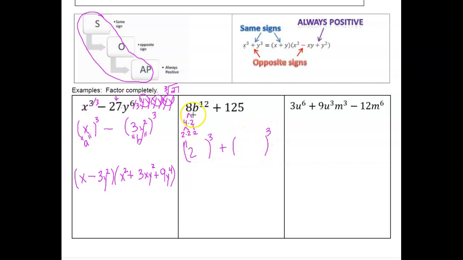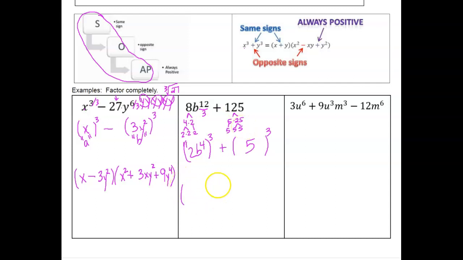So 2, and then remember we're going to split this into 3 groups, so I'm thinking b to the 4th. So 2b to the 4th is my a. 125, well, if you're not sure, I know 5 times 25, break that down, and so we've got 3 fives. And there's no letter. So don't think of letters being attached to first or second. Keep them in the same order.